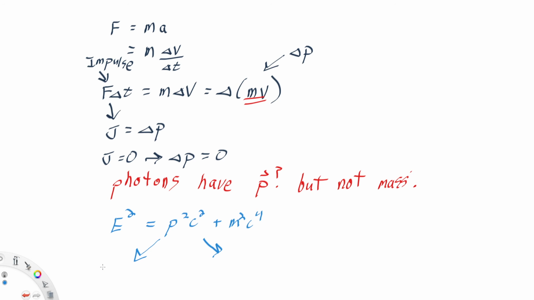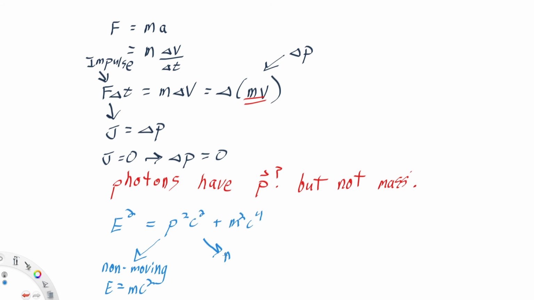So for non-moving, we just get E equals mc squared, which I assume all of you have heard at least once. It's slightly famous. So if you have no movement and thus no momentum, then the energy of an object is what's called its rest energy. It's mass times the square of the speed of light.